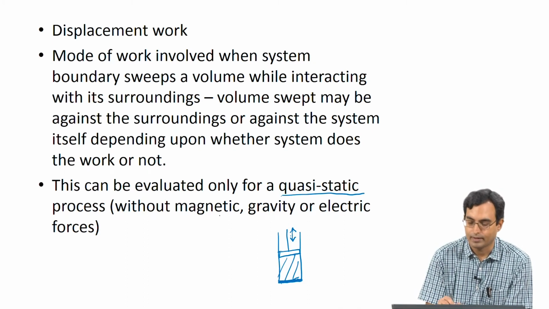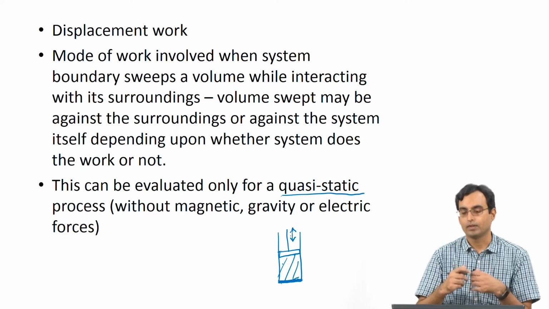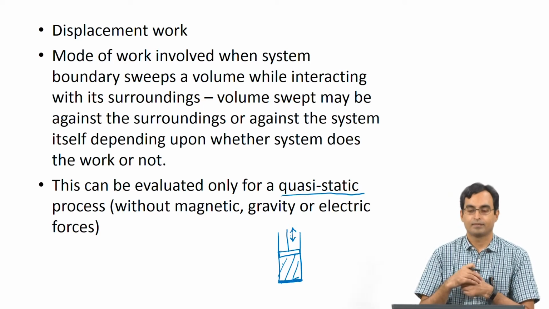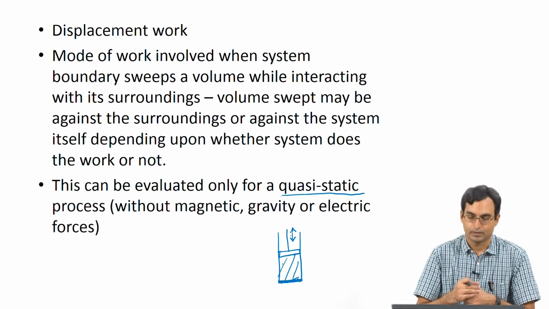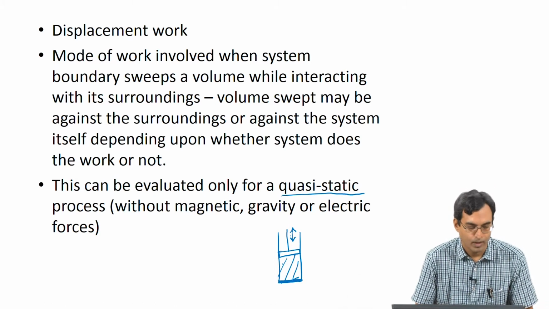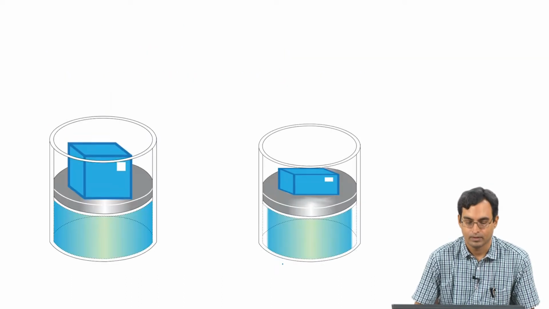We generally neglect magnetic and electric fields because for the kind of systems we are going to deal with in this course, they are not important. Gravitational field could be important in a few cases, but in many cases we see that that also is not something we need to take into account. So, we still need to look at what is this quasi-static process, and we will try to see that.